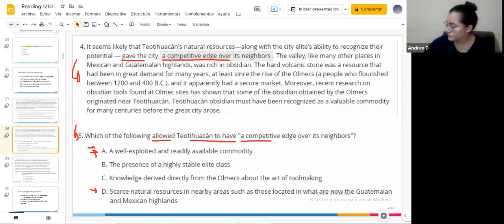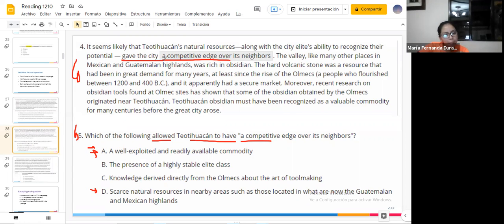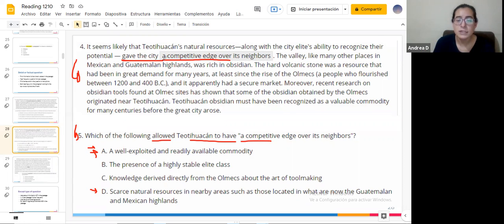Yes, I think so. Okay. So yes, it's close enough. Giving the city a competitive edge or allowing the city to have a competitive edge is kind of the same.